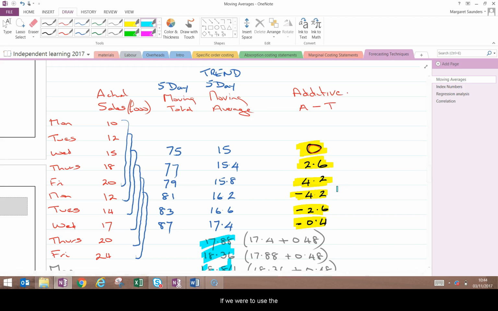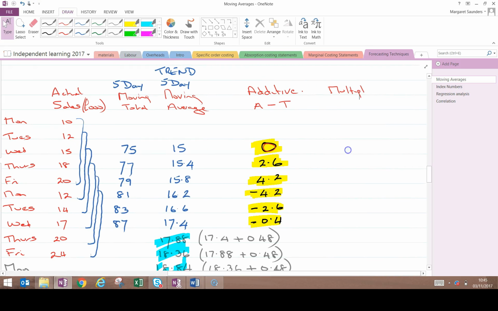If we were to use the multiplicative model, then we do A divided by T, actual divided by trend. 15 divided by 15, 1. 18 divided by 15.4 is 1.17, and so we continue dividing the sales by the trend.